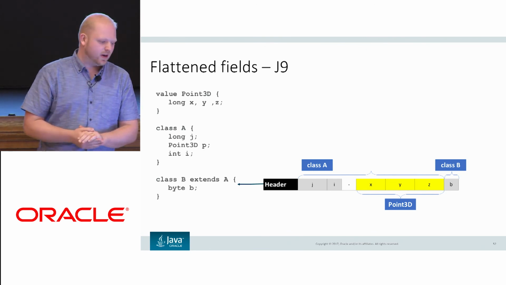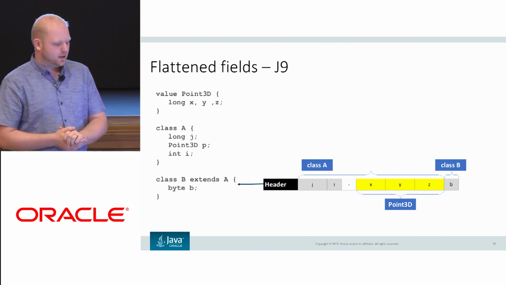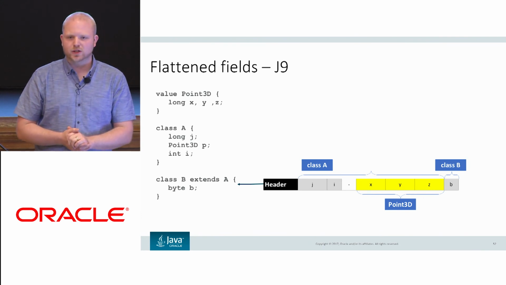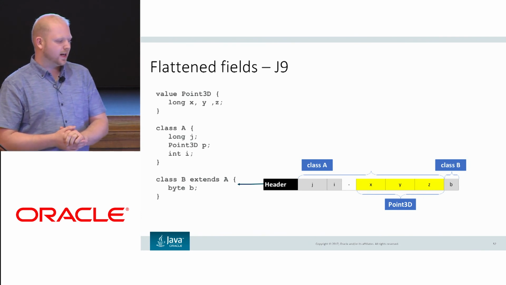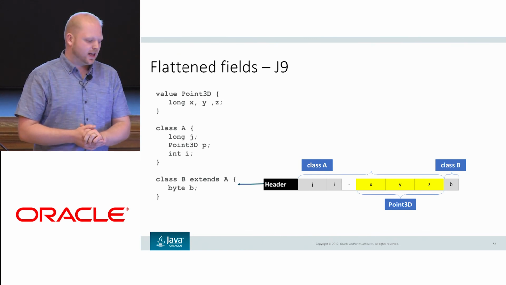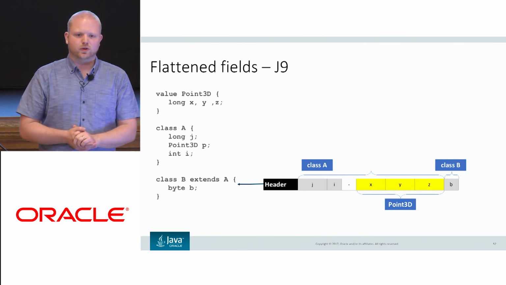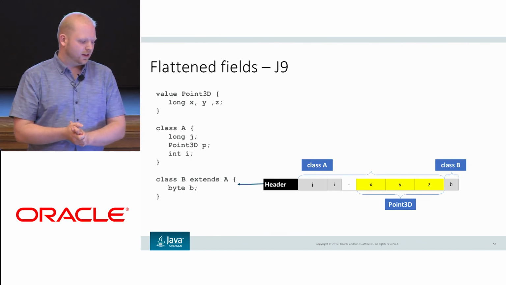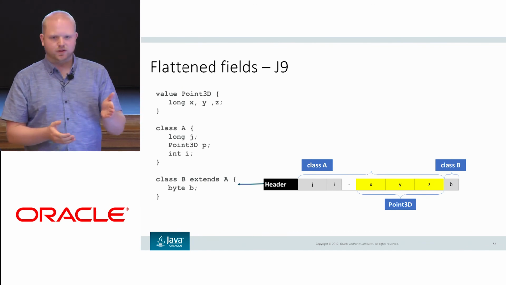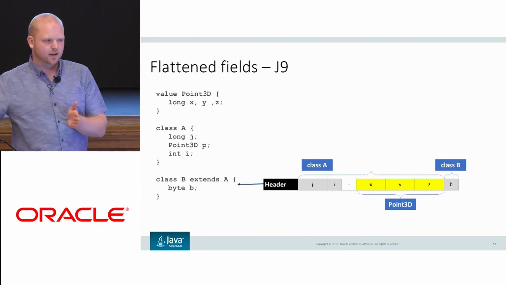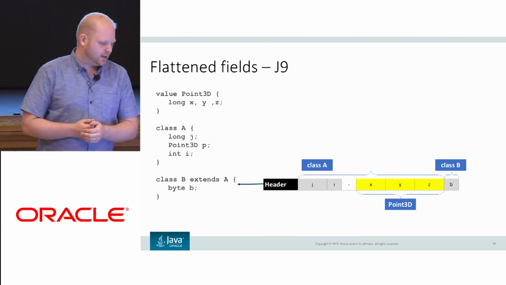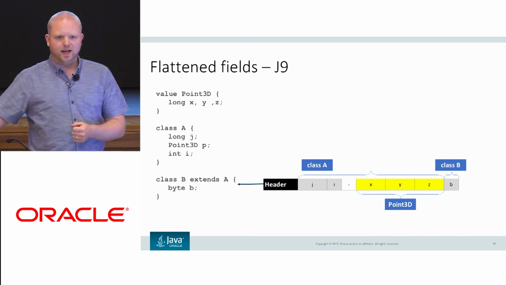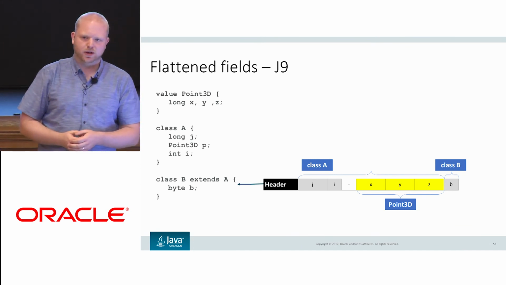We get the 64-bit value, you get your 32-bit int, and then now we have the similar issue as before, except that we suddenly get it in the middle of A, and that is that we're suddenly starting over again with 64-bit values. So now we need to align in the middle of the field layout. So we pad after the 32-bit value, and we start over again with 64-bit. And then when we get to the byte from B, we put it at the end, or we could get smart and put it into the padding.